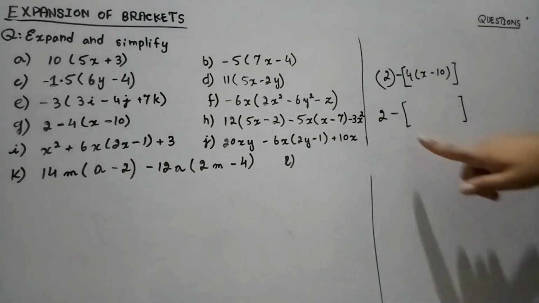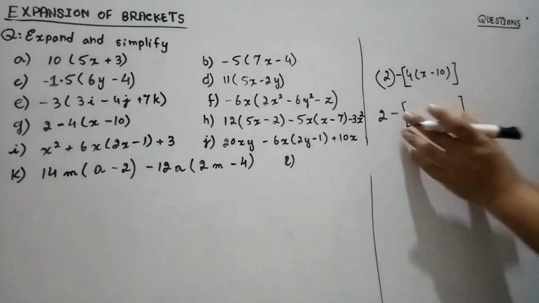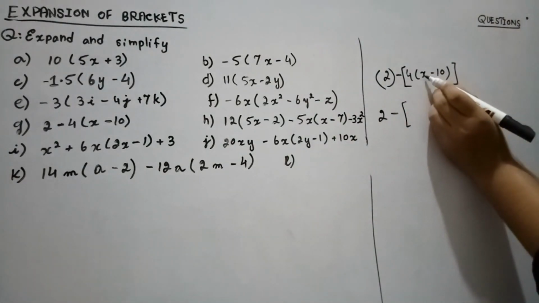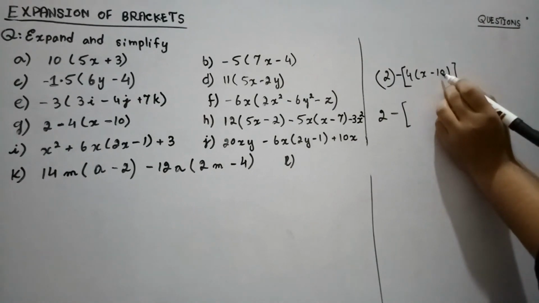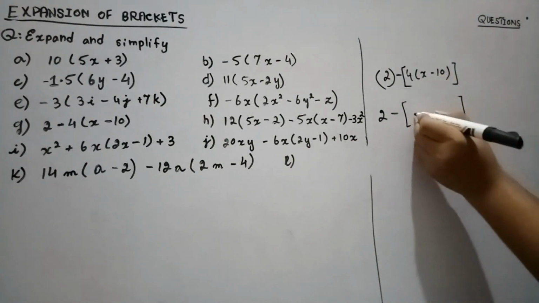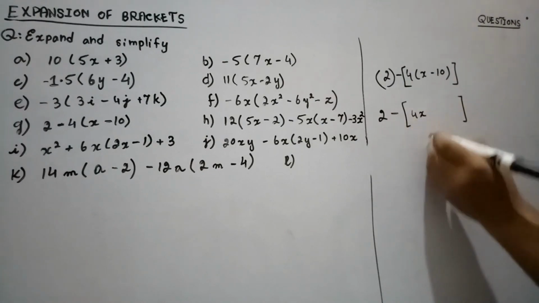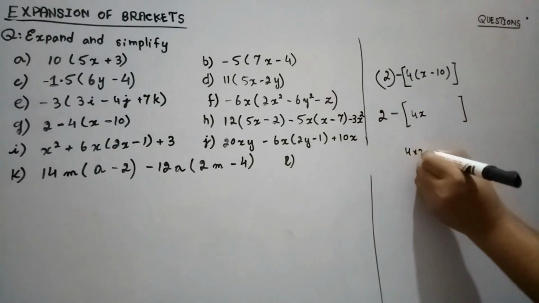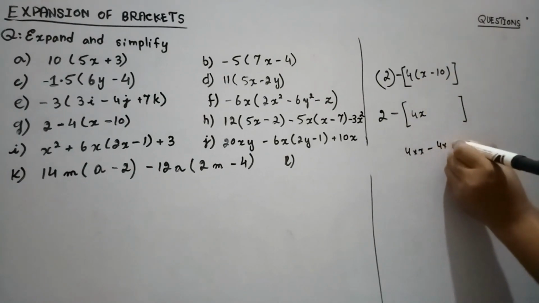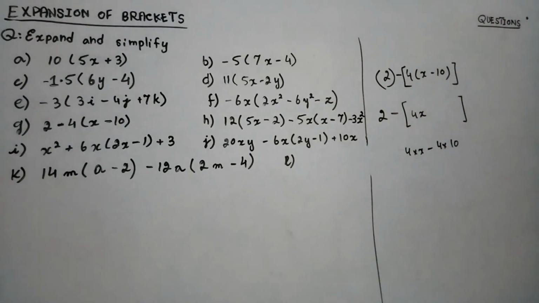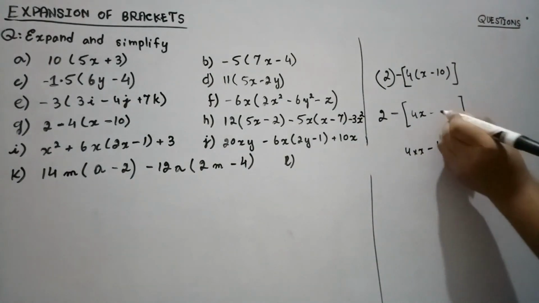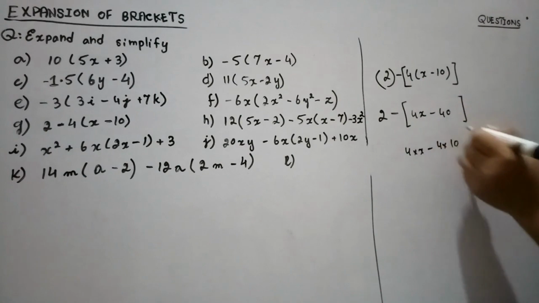I will write this negative sign as it is, and now I only multiply 4 by x and 4 by 10. So 4 multiplied by x will be equal to 4x, this negative sign as it is, and this 4 is again going to multiply by 10. So 4x minus 4 tens are 40. Clear?